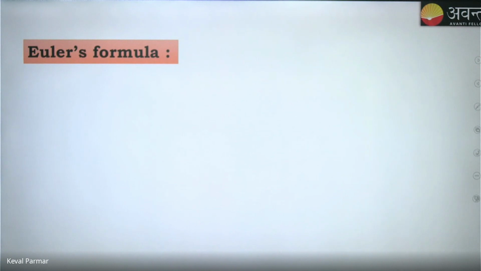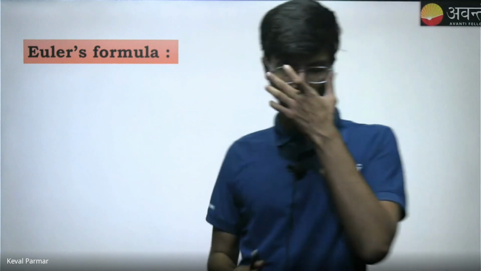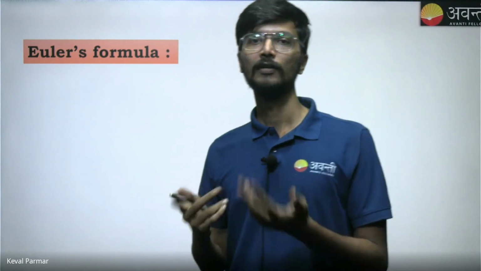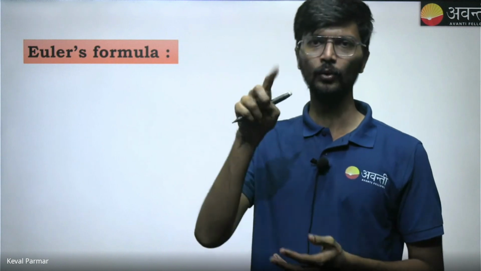Euler's form. Now, Euler's form is basically, you can say, exponential form, right? Euler's form, many of the times or in many of the books, you will see it is written as exponential form. What is meant by exponential form in terms of e? You know e, right?